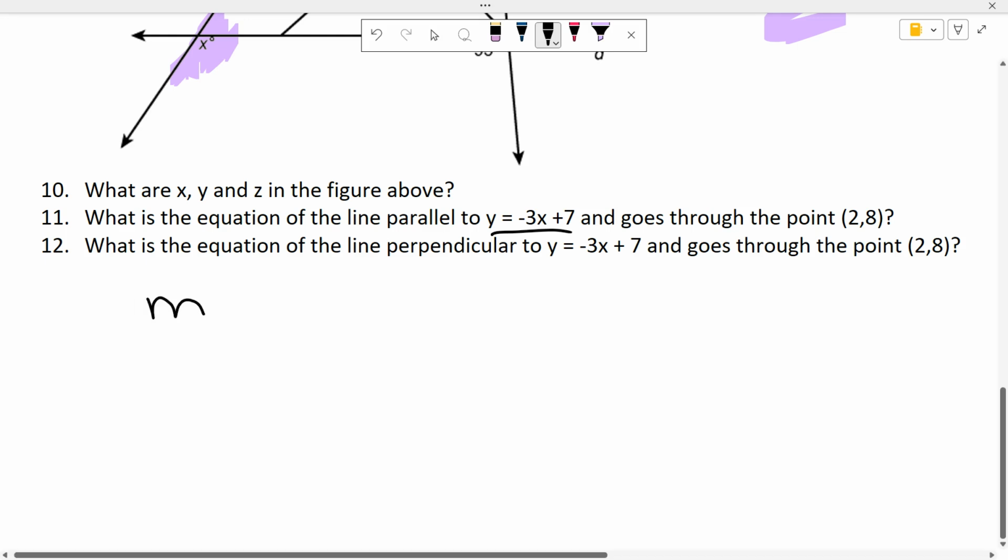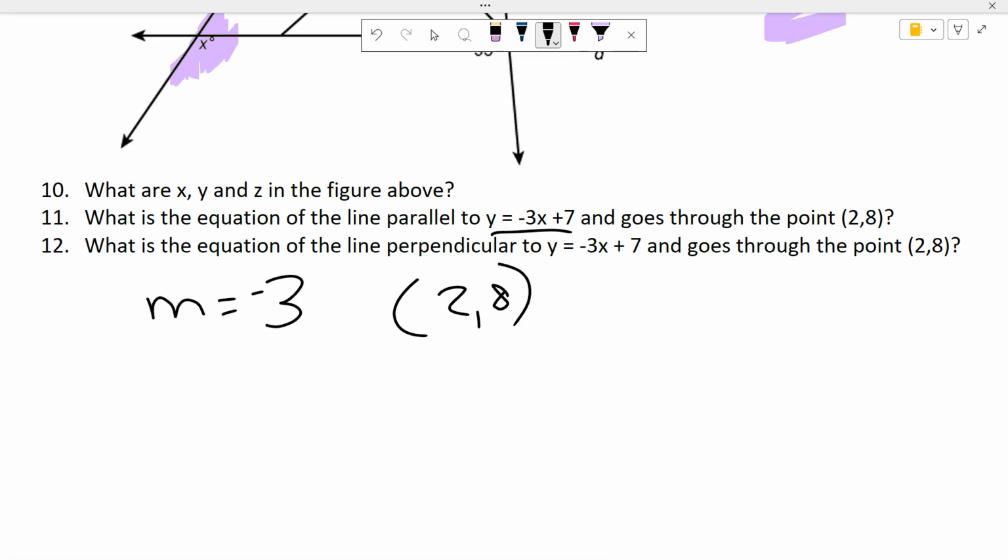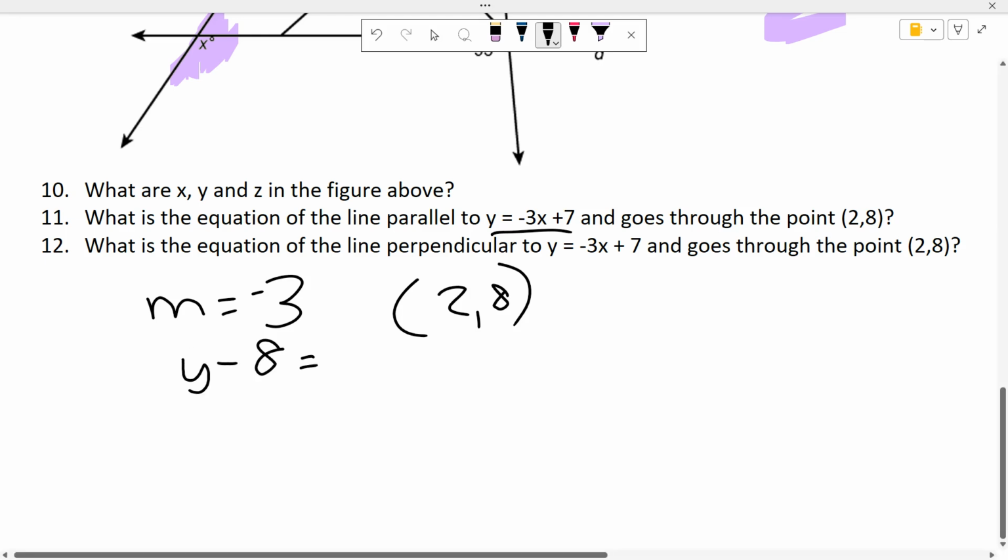So the slope is -3. The point is (2, 8). So we have to put this into what form? Point slope form: y minus the y value equals the slope times x minus the x value.